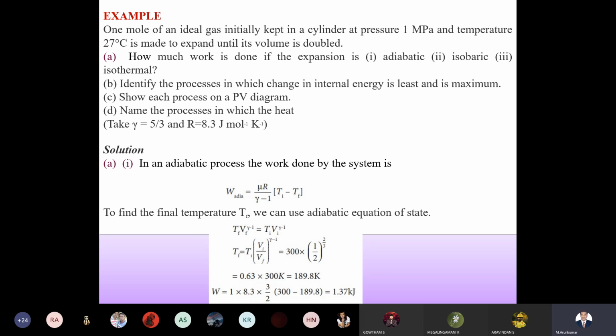Just read this problem 2 times. 1 mole of an ideal gas initially kept in a cylinder at pressure 1 megapascal and temperature 27 degrees Celsius is made to expand until its volume is doubled.